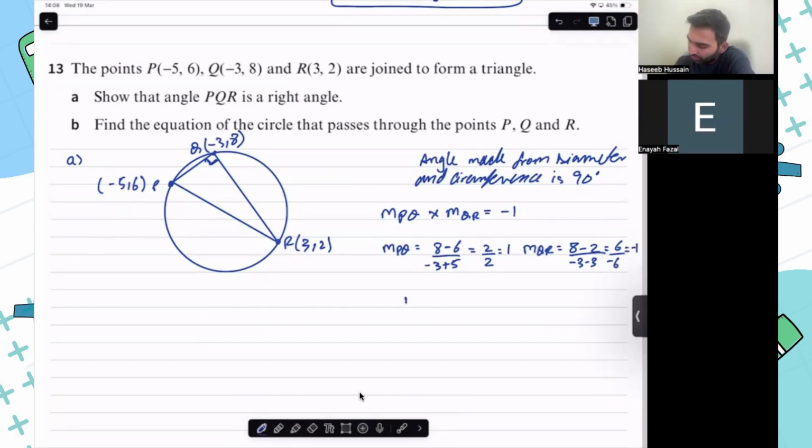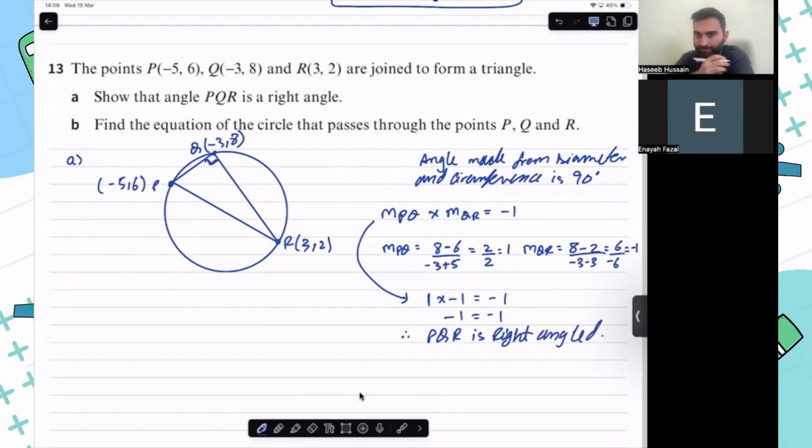So the product of the gradients of PQ and QR is 1 times -1, which equals -1, right? Therefore, PQR is a right angle. Sir, the product of gradients equals -1 was the property for perpendicular lines, sorry. Yeah, perpendicular is 90 degrees, right?